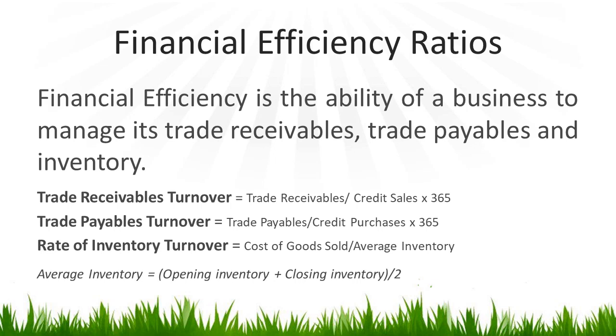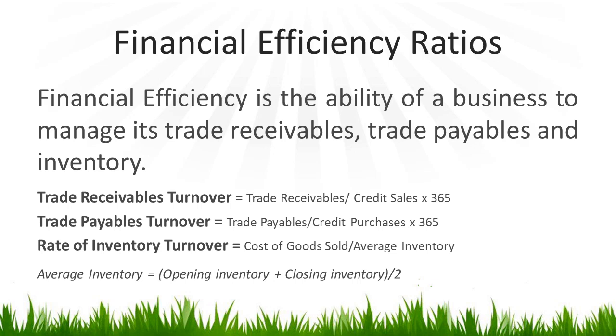So the formula for inventory turnover is cost of goods sold over average inventory, and it gives the answer in times. For example, if you have 300 as the cost of goods sold and average inventory of 50, then the answer is 6 times. So the inventory is being replaced 6 times in a year.